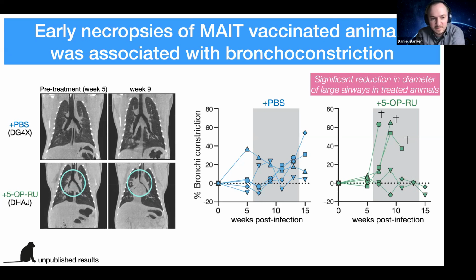Joanne Flynn has published a number of papers digging into the details about this. So it's possible that 5-OPRU did something to drive the lymphadenopathy, but it's also possible we just had bad luck there. But whatever the case, we certainly did not have a clinical benefit with 5-OPRU injection into the lungs of the animals.